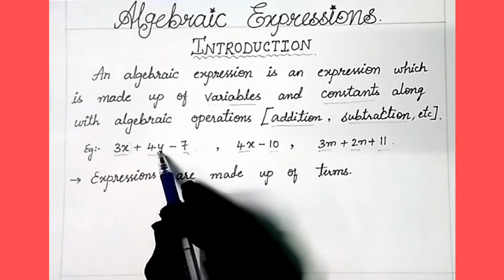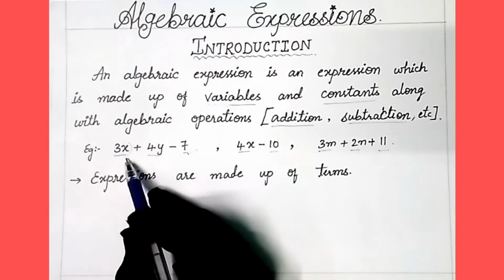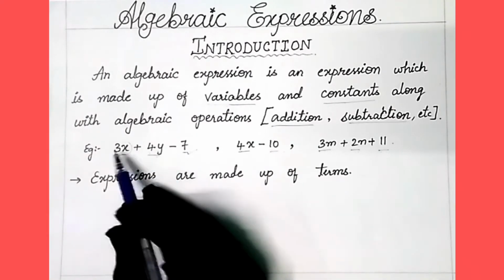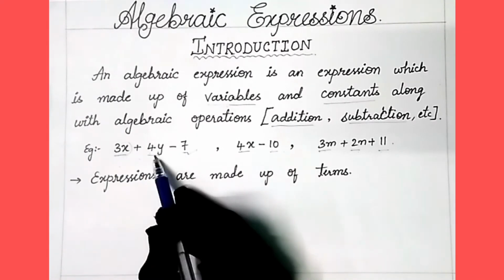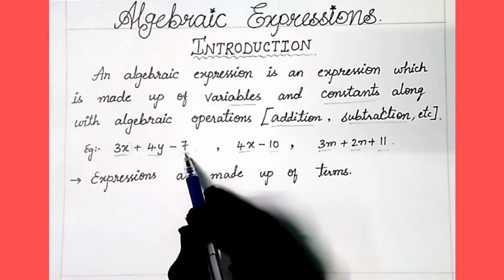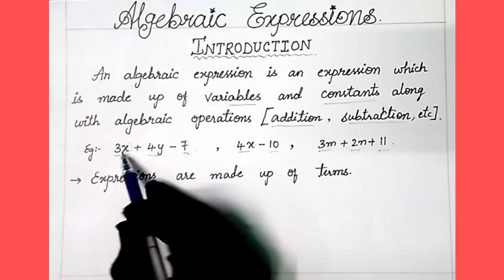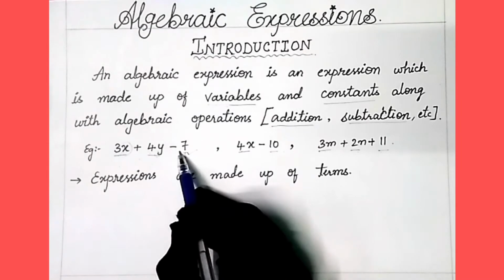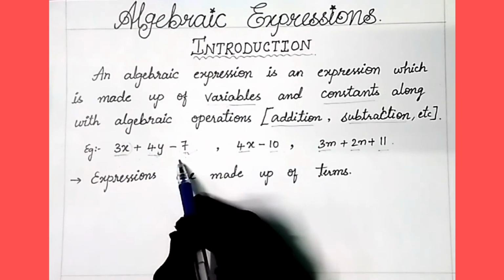So when we do not know any number and we represent it with a letter, we call it a variable. That means these values can be changed. And this is a number, which is a constant. This value we cannot change. So here variables and constants together make an algebraic expression.